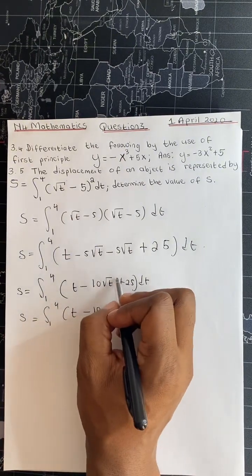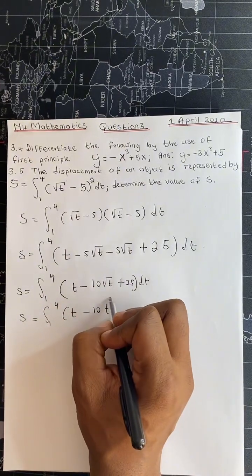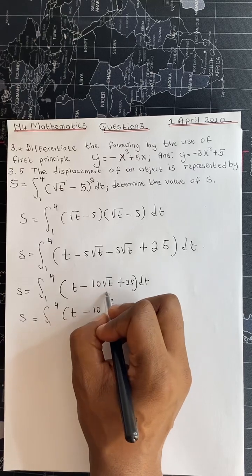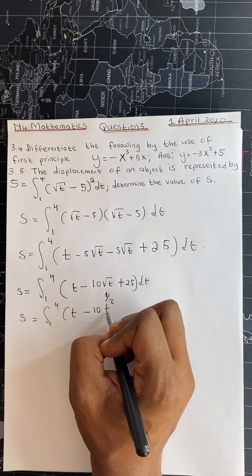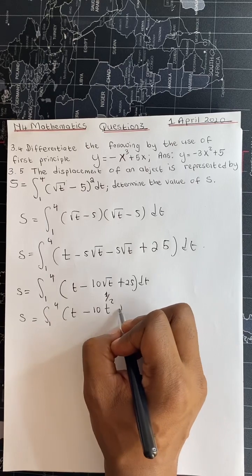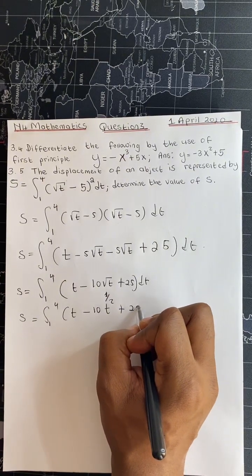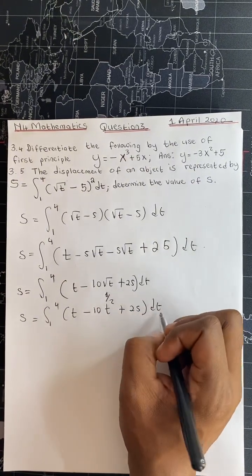So let's write the square root of t as t raised to the power 1 over 2, plus 25 dt.